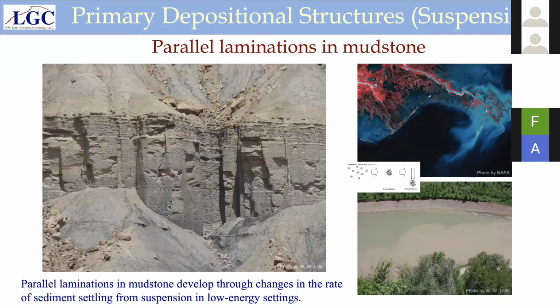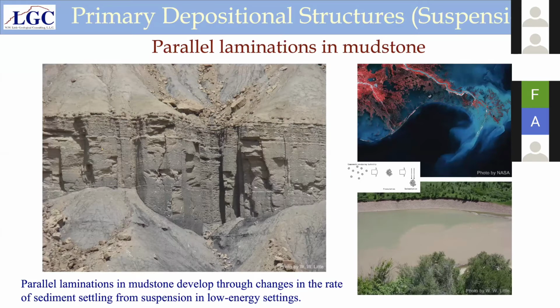And so, in terms of the very fine-grained sediment, there really are not a lot of primary sedimentary structures associated, because of the necessity of very low flow velocities for the mud to accumulate. Now, in the picture on the left, you can see a few bands in there that are a little bit coarser, a little bit more resistant.